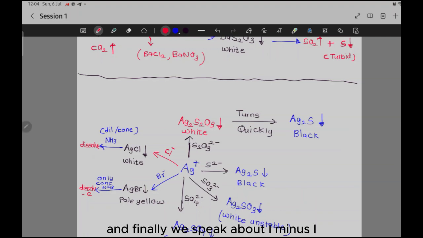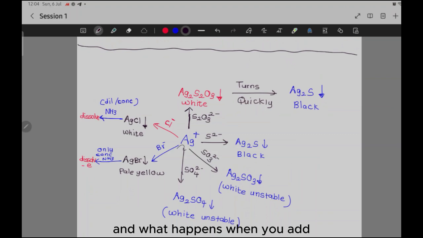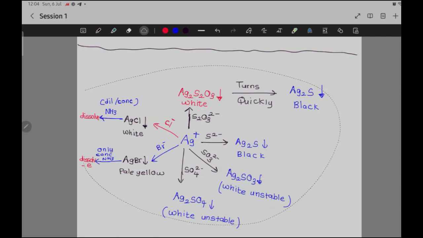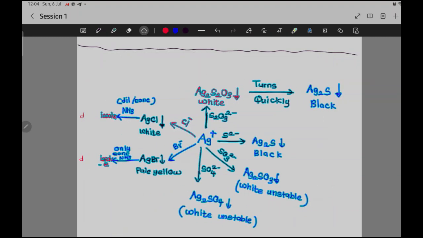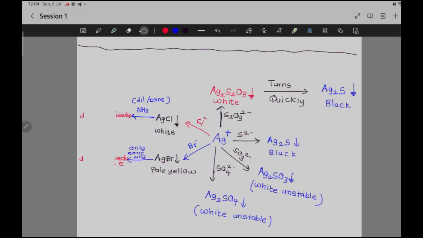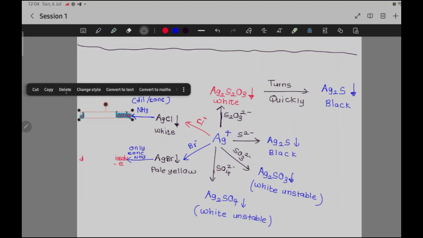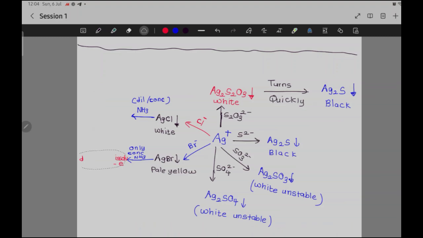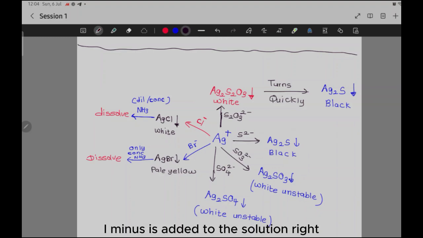And finally, we speak about I minus ion. What happens now when I minus, iodide ions, is added to the solution?